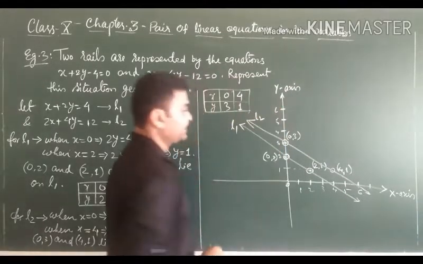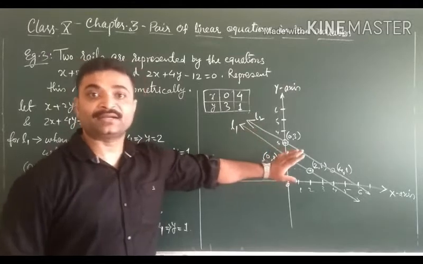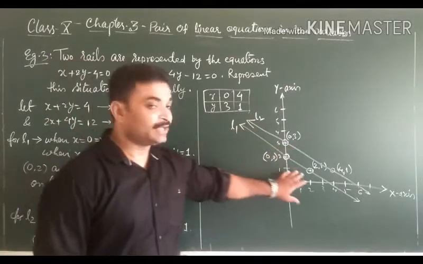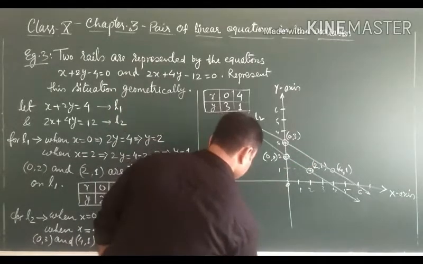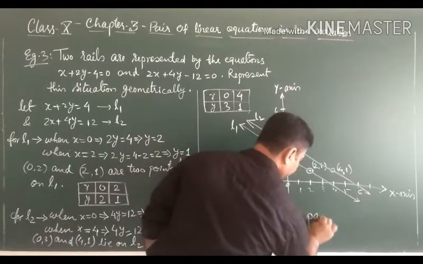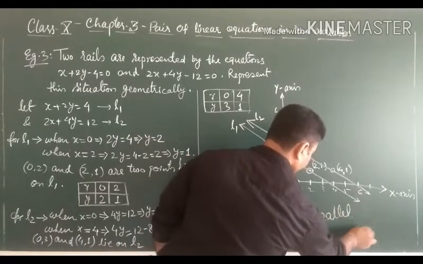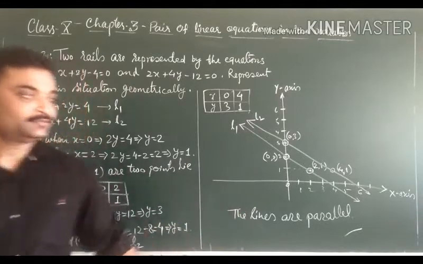See, L1 and L2 are not intersecting. They are parallel lines. So the lines are parallel. Clear? The lines are parallel.